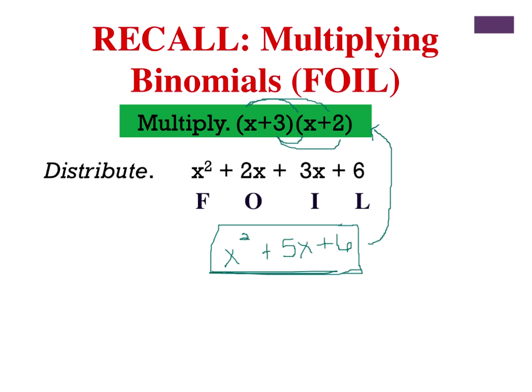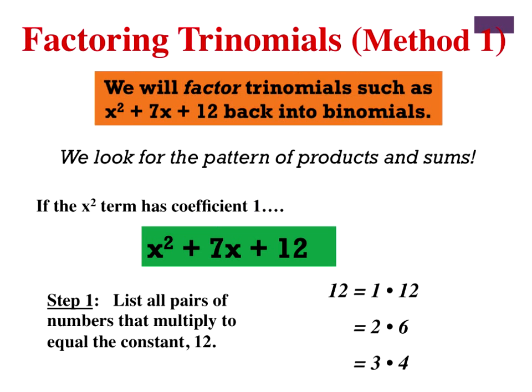What's going to be really important to notice is that with the 2x and the 3x, we were adding them to get our middle term, and at the end, our L in FOIL, we were multiplying. So the idea of looking for addition and multiplication is going to come into play when we factor.